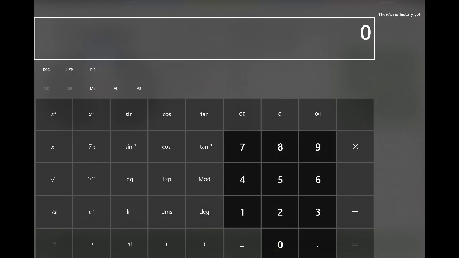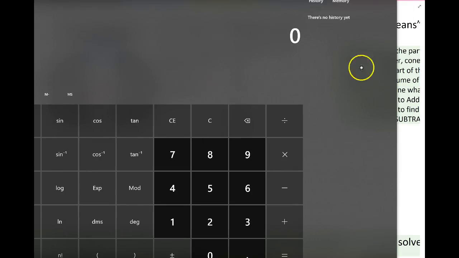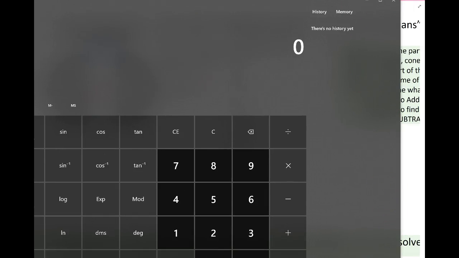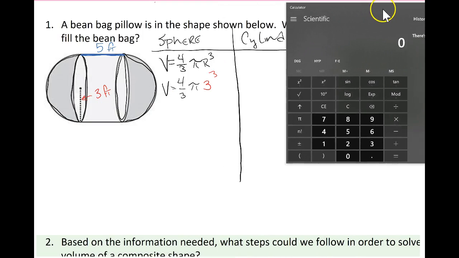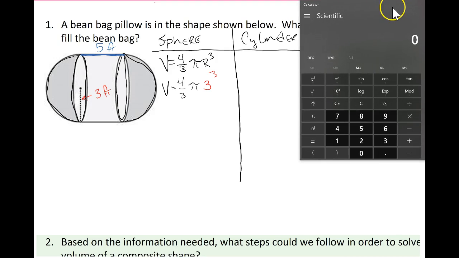Let me adjust this really quickly. Sorry about that. Here we go. So I say, 4 divided by 3 times 3.14 times 3 times 3 times 3.